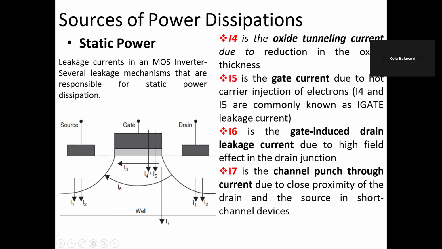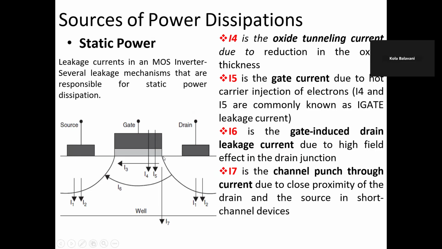And I4 and I5 are oxide tunneling. Whenever you decrease the oxide thickness, there is a possibility of electrons moving from the gate side to the substrate side. And I5 is also when you increase the voltage at the gate terminal, there is a possibility of electrons moving from one side to the other, the substrate side, and then it releases some leakage current.